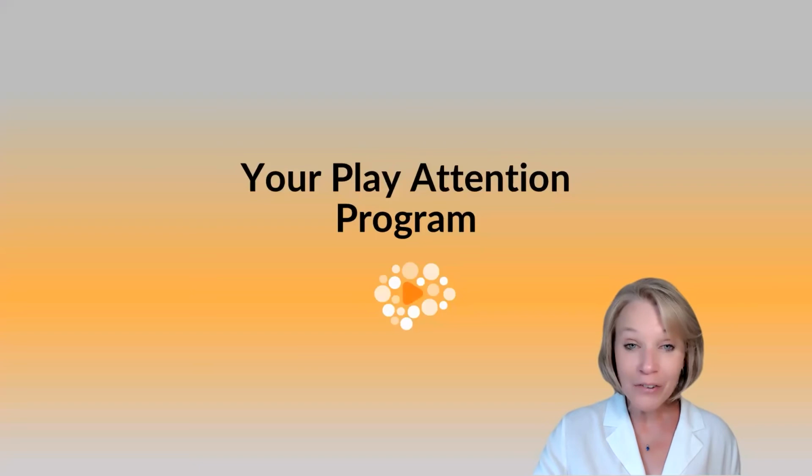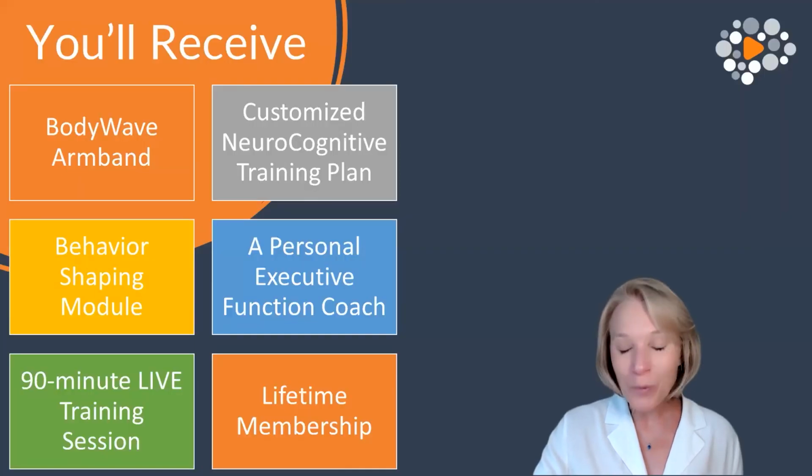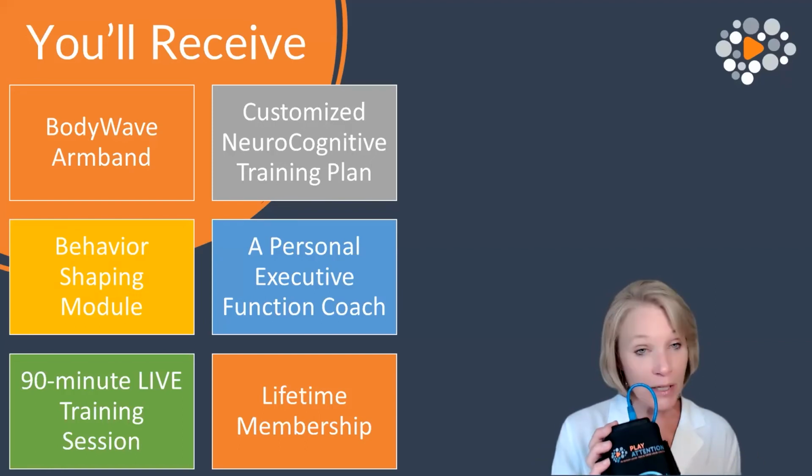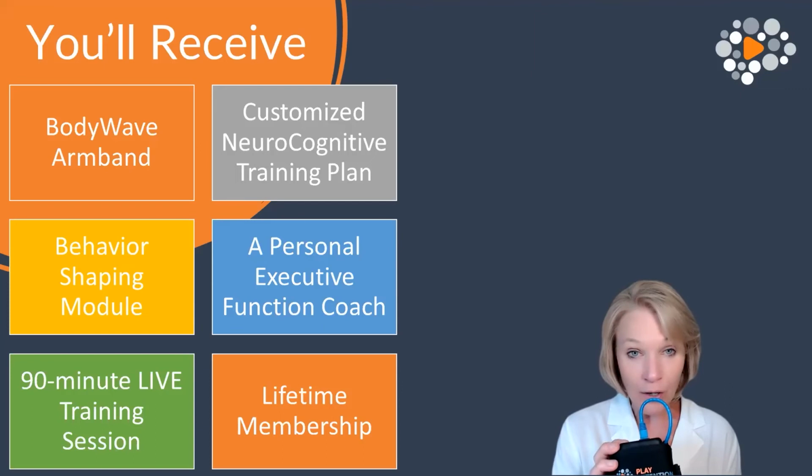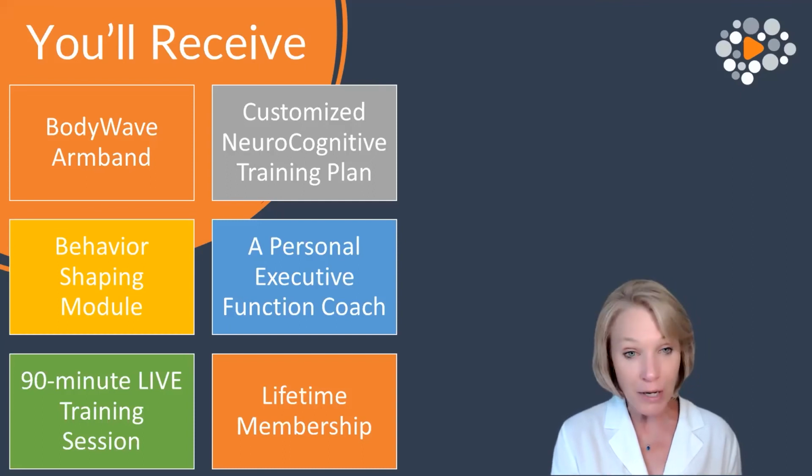Now, once we assess your needs and we are ready to start your program, this is what you'll receive. You'll have, of course, your body wave armband because you need that in order to activate your exercises. The customized neurocognitive training plan, that's with all of your different cognitive exercises, a behavior shaping module.